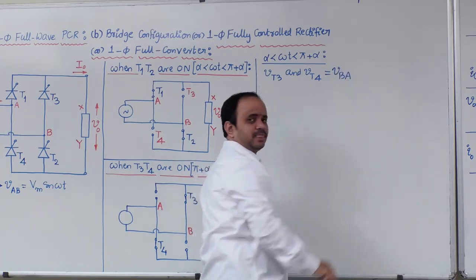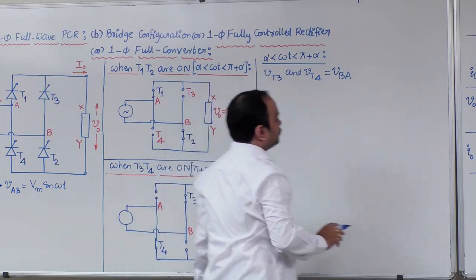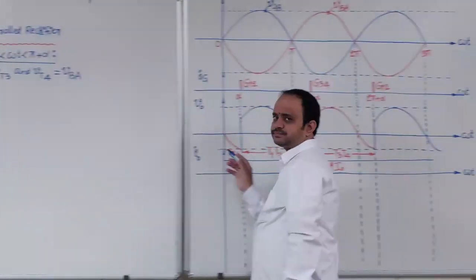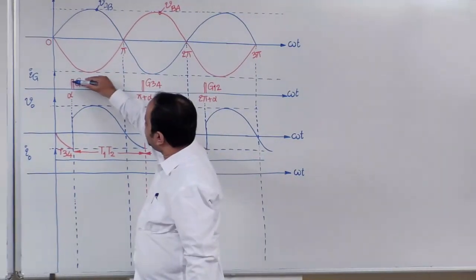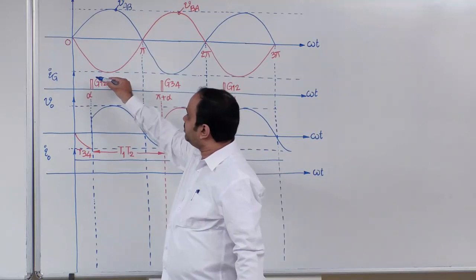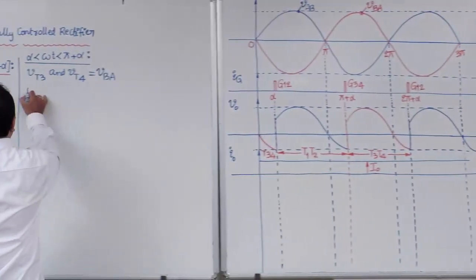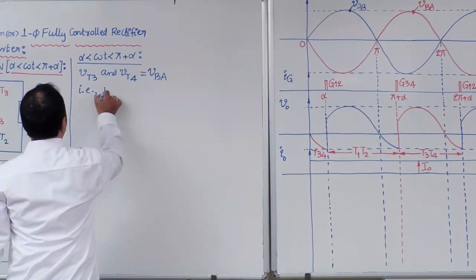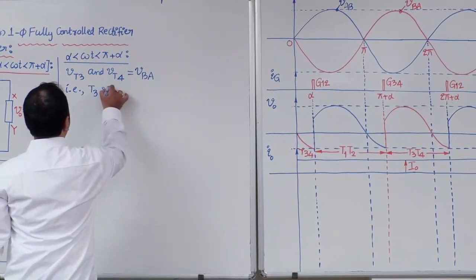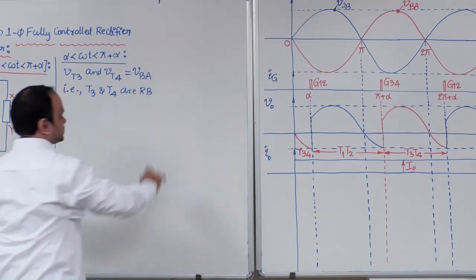I can write VBA, right? So at alpha, if you look into the waveform, we can understand that VBA magnitude was negative. That means T3 and T4 are reverse biased.